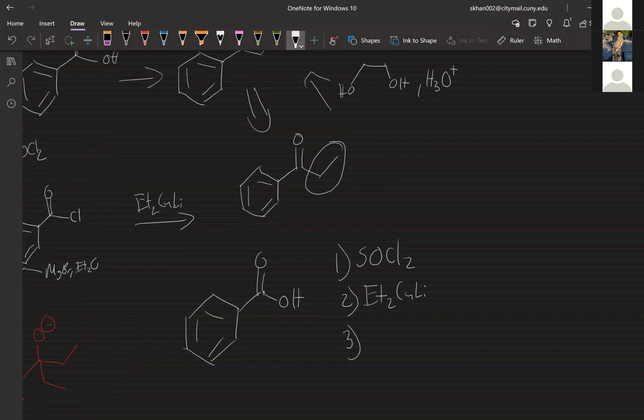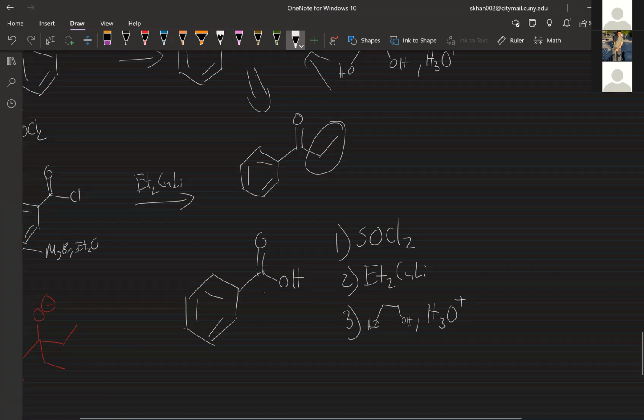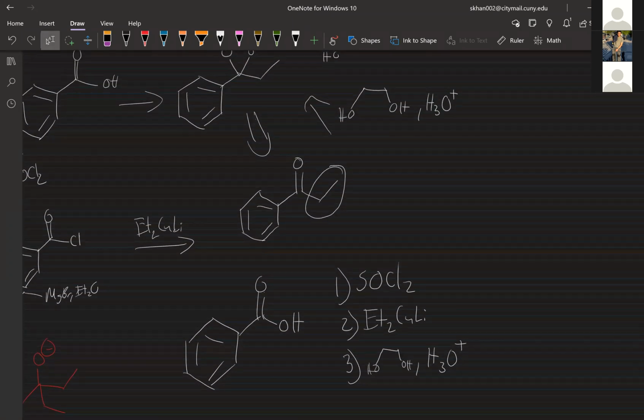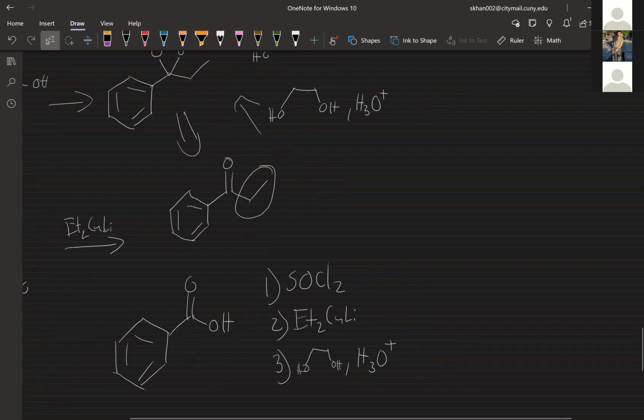Third step is going to be your acid workup, and that should be it in terms of steps, right? And then that gets your final product, which is that cyclic ether. It's actually only 3 steps.